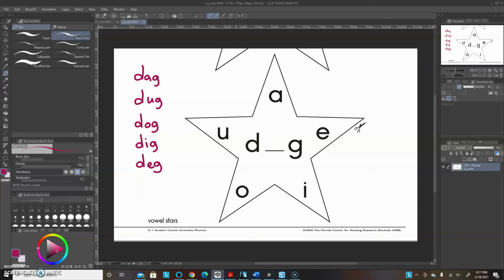And this activity would be great, especially for kindergartners who have a really hard time making those connections, that even though dog and dug look very similar and the O and the U make sort of similar sounds, having them do something like this activity might actually trigger in their minds that these are in fact two different words.